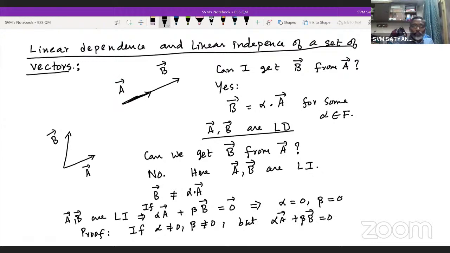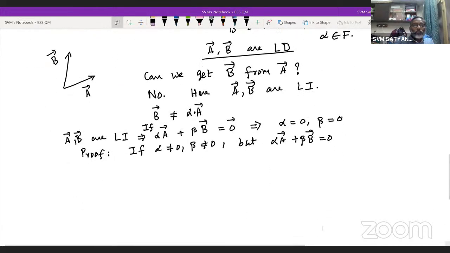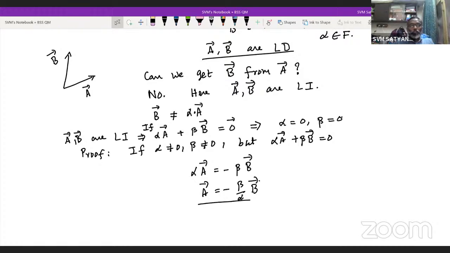So what does that mean? That means I can write alpha times A is equal to minus beta times B, or A is equal to minus beta by alpha times B. What did we get here? This implies A and B are linearly dependent, because this is some scalar, right?